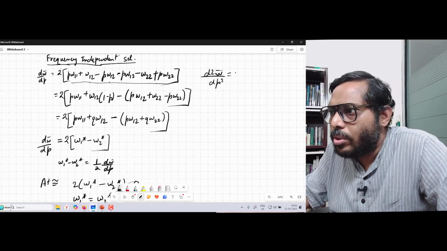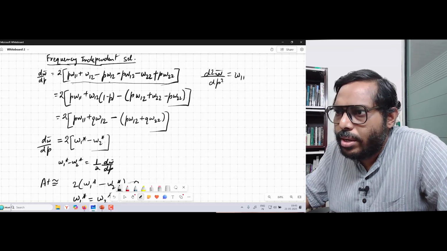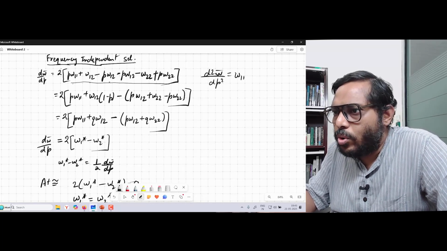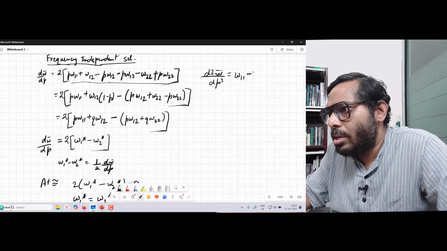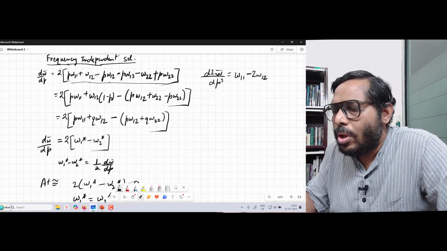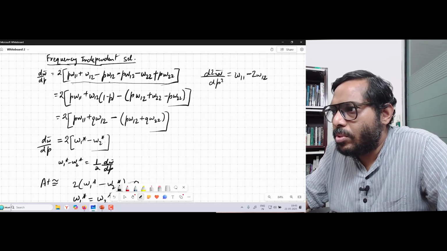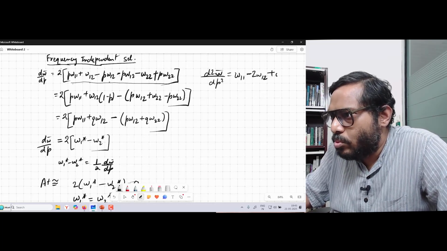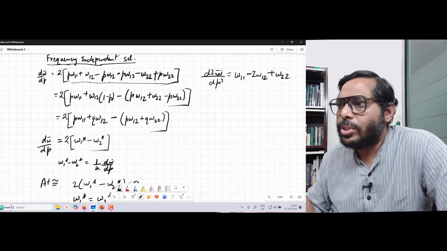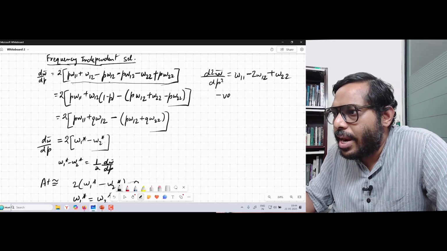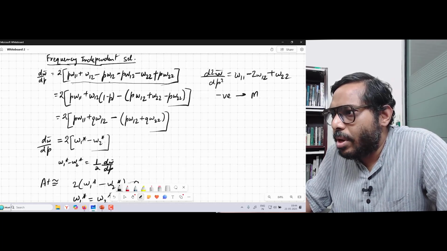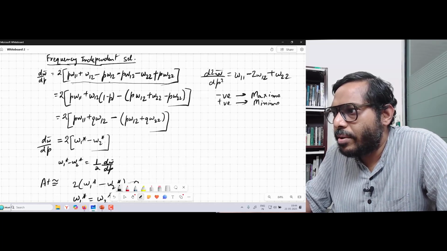This is going to be equal to W11, this W12 will go, remember this is 2P W12, so this is minus 2 W12 and this W22 will go, plus P W22 means plus W22, right. So, this is my double differential. We know that when this double differential is negative, that is when we are going to get a maxima, and when this double differential is positive, that is when we are going to get a minima. This is what calculus tells us, right.